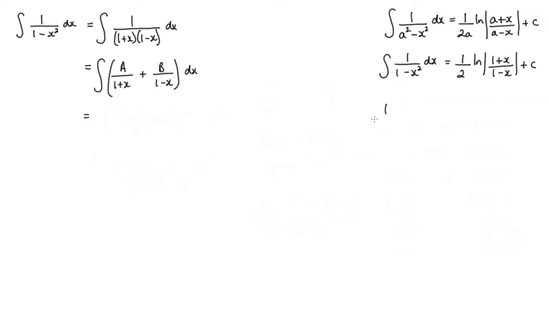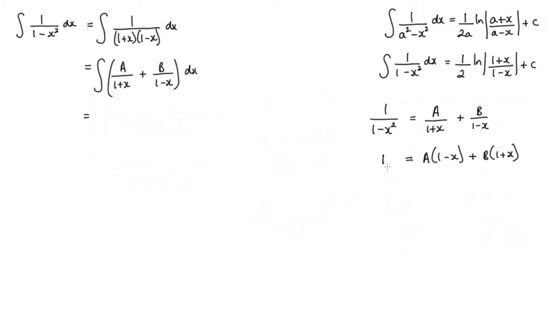So I've got 1 over 1 minus x squared, which is equal to a over 1 plus x plus b over 1 minus x. Now I can multiply both sides by 1 minus x squared, or (1 plus x)(1 minus x). And that would give me that 1 is equal to a times (1 minus x) plus b times (1 plus x).